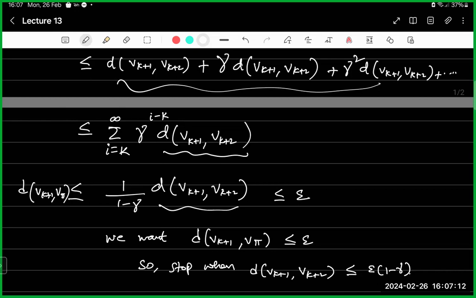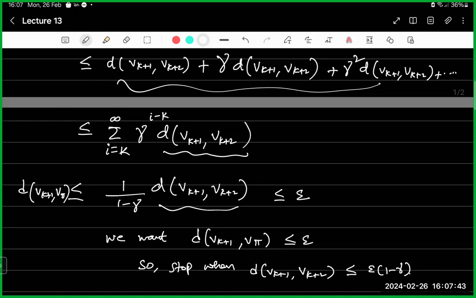If you do at least this much, you are guaranteed to be within epsilon. The difference could be zero, but if you take epsilon equal to zero, you won't get a number which is applicable for all MDPs. We are not making any assumption on which MDP you are talking about. There could be some worst case, corner case MDPs, and for those also the proof should work. So this is just a sufficient condition.